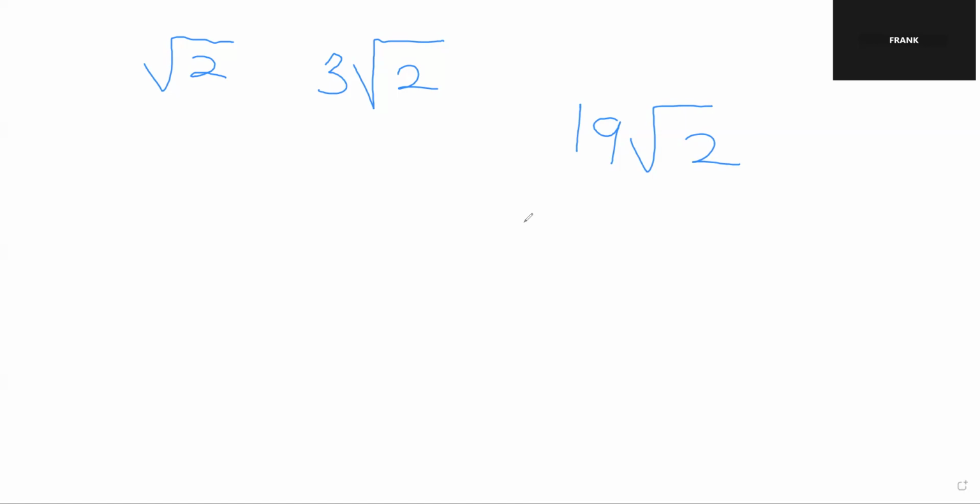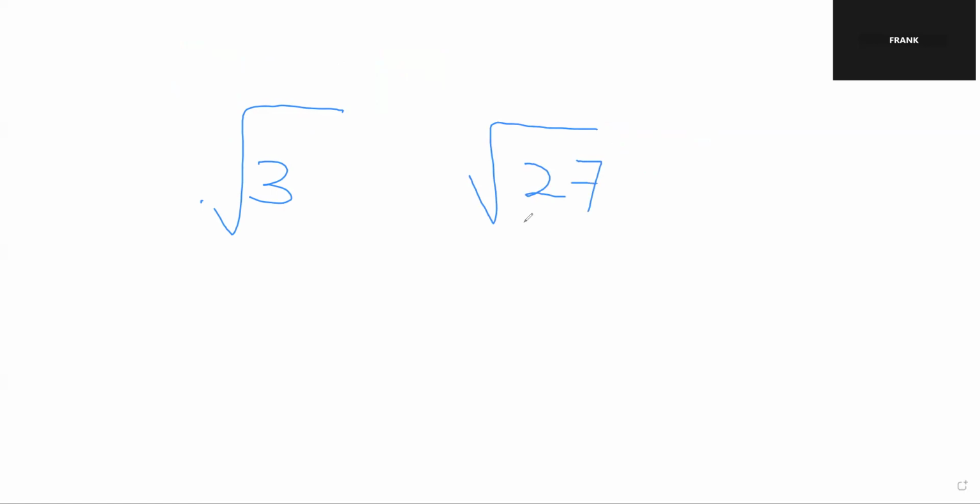Hence, you see these three surds are like surds. So if you have root 3 and root 27, and you are asked if these two surds are like surds, you may just say no, because the numbers in the roots are different.